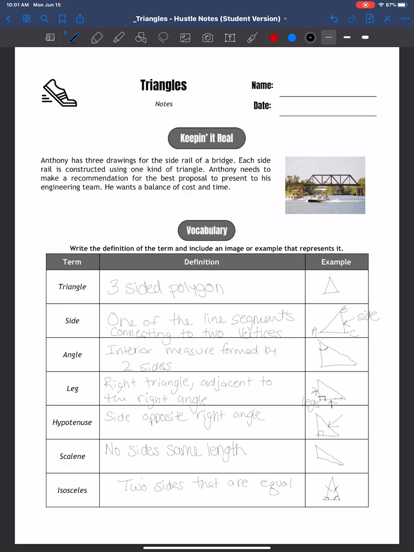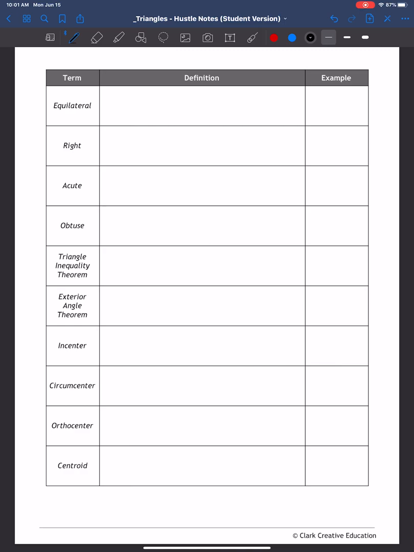So those are the same as well. Equilateral, all sides are the same, and all angles are equal as well.